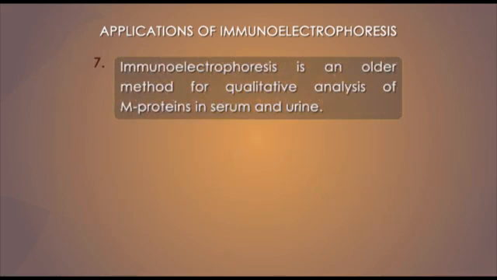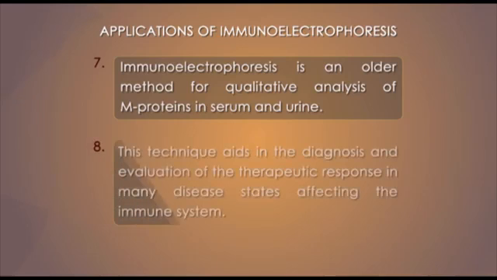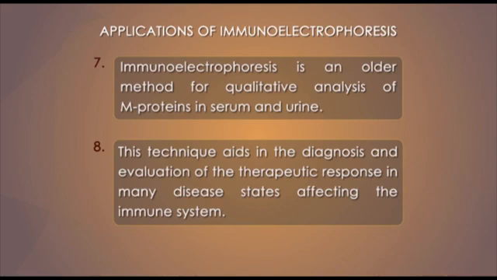Immunoelectrophoresis is an older method for qualitative analysis of M proteins in serum and urine. 8. This technique aids in the diagnosis and evaluation of therapeutic response in many disease states affecting the immune system.